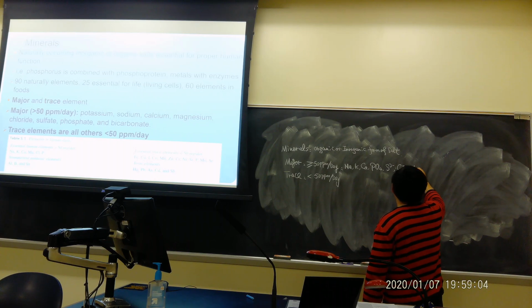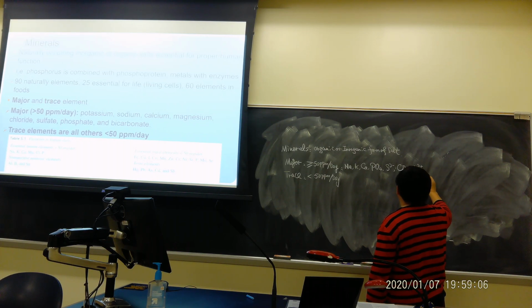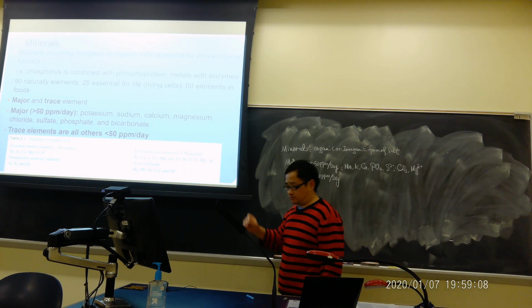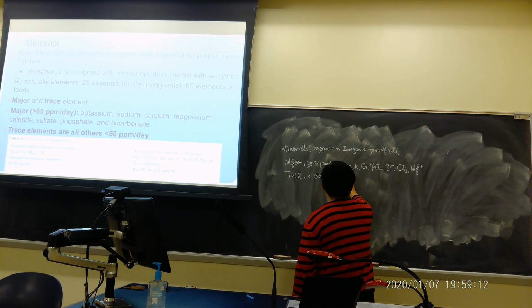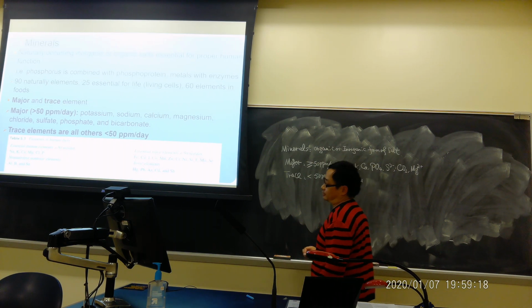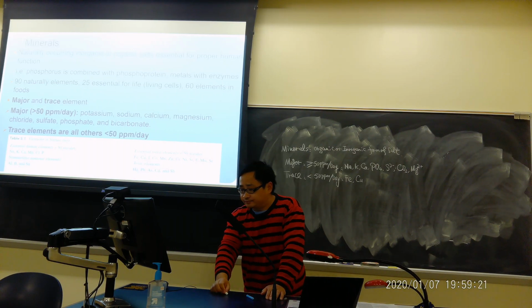Magnesium, all these, okay? Trace is most of the others. Here, more important for survival are ferric, iron, and copper. Those two are most important.